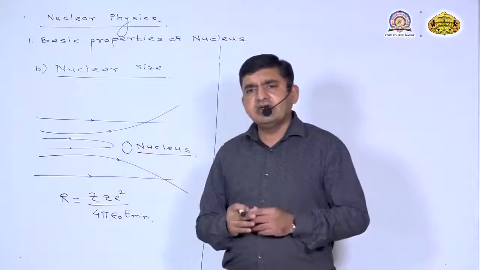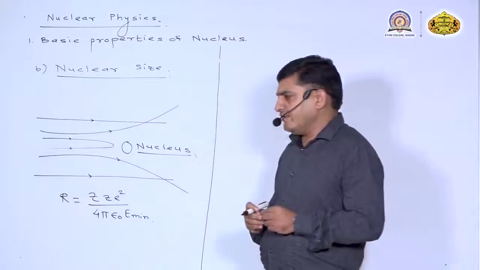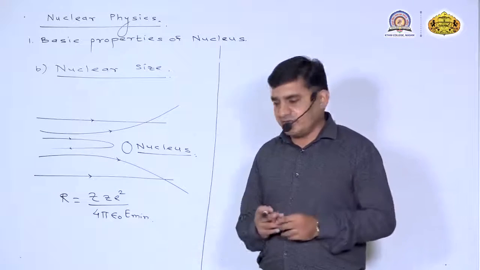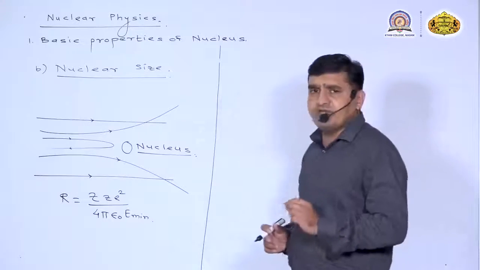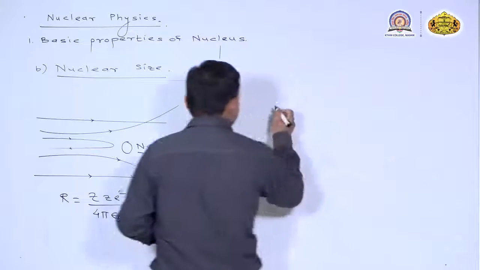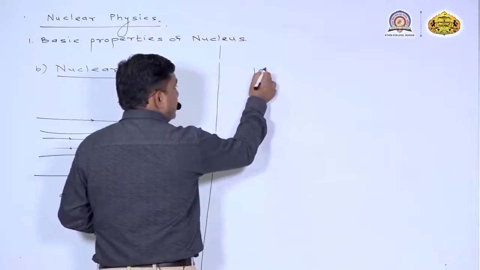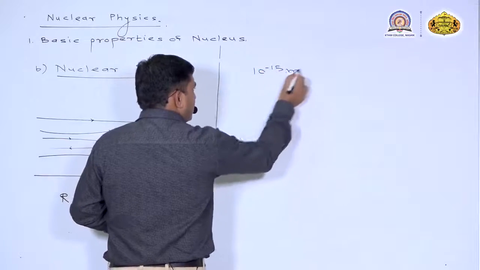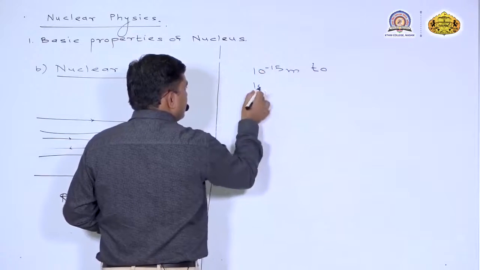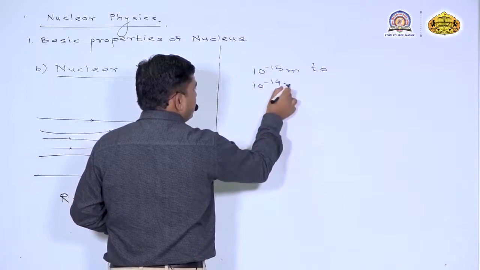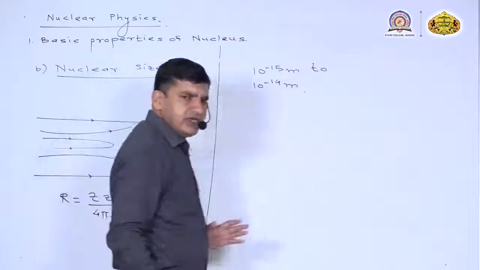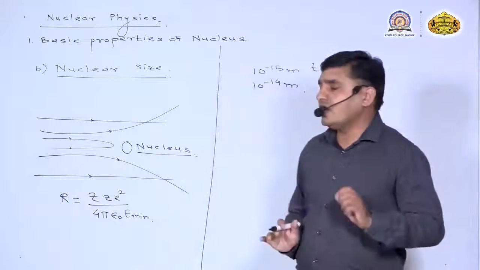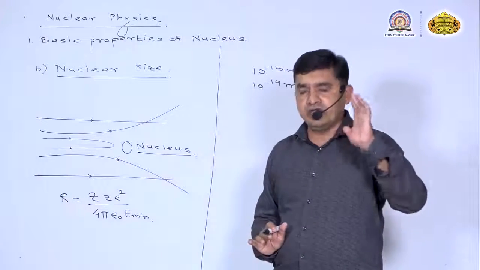From this, Rutherford found the size or radius of a nucleus, and the radius of a nucleus is about 10 raised to minus 15 meter to 10 raised to minus 14 meter, or simply we can say that the radius of a nucleus is 10 raised to minus 15 meter or 10 raised to minus 14 meter.